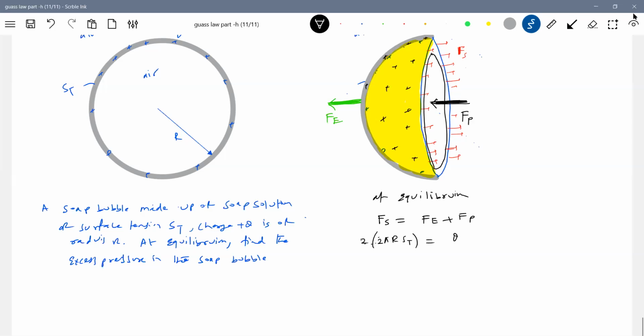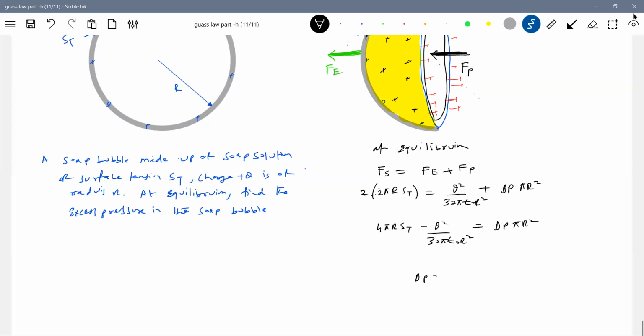Q square by 32 pi epsilon naught R square. What is Fp? Delta P into effective area pi R square, delta P being the excess pressure. So this becomes 4 pi R St minus Q square by 32 pi epsilon naught R square equals delta P pi R square. So the excess pressure is given by, pi gets cancelled.